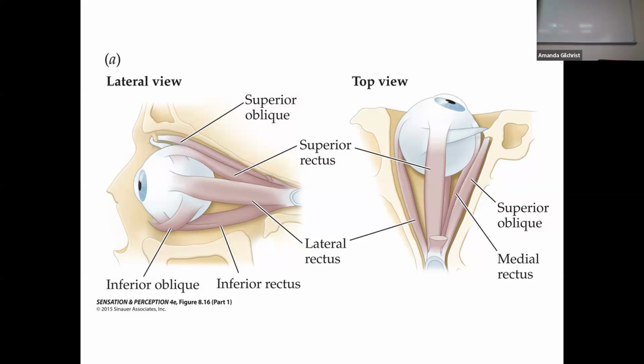In addition to this, we have 2 lateral rectus muscles on each side, and then we also have an inferior and a superior rectus. So we have 1 pair of obliques, superior and inferior. We have a lateral rectus and a medial rectus along with a superior and an inferior.